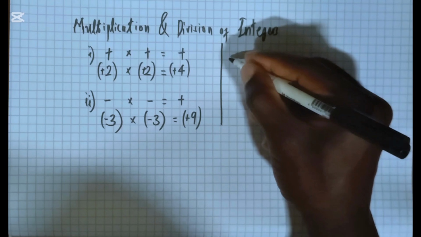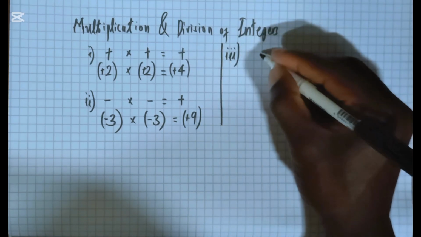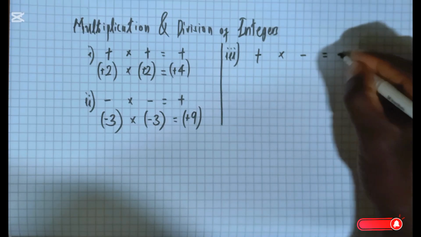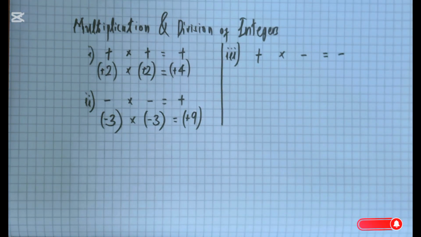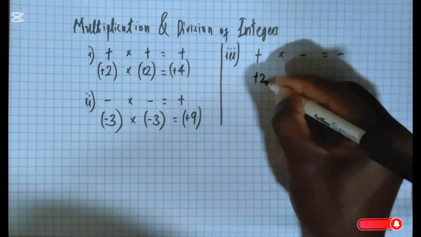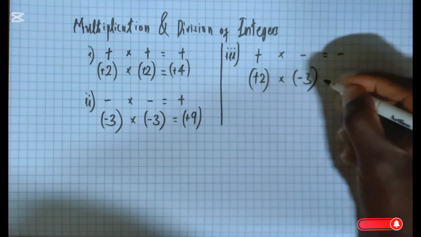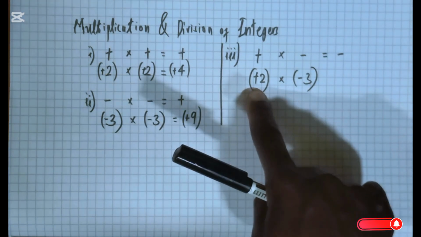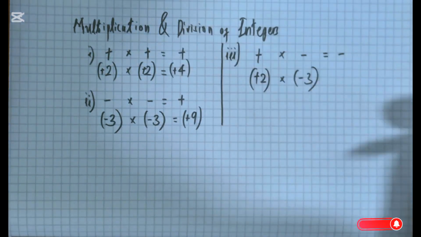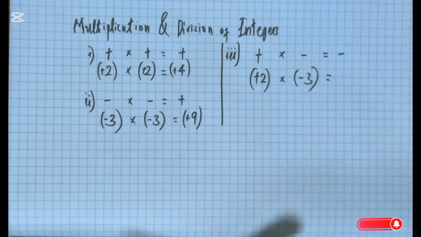Another rule that I want you to observe is that anytime you're multiplying a positive and a negative number, your answer will always be a negative product. For example, if I take positive 2 and I multiply it with negative 3, this is a positive number, this is a negative number, I expect that whatever number I'm going to get is supposed to be a negative number.